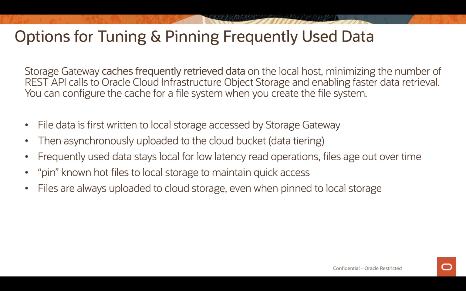And you can also do some pinning on files. If you have a file that you know your application will access every time, that is going to be frequently accessed by applications and users, you can pin those files, and then you're always going to have a copy locally inside of the Storage Gateway. So the application doesn't have to retrieve the data from the OCI object storage to access that, right?